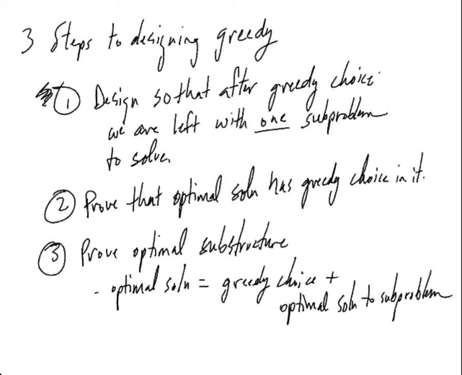So that's our optimal solution, but we also want to show that this right here is true, that the subproblem solution, that is the optimal solution to the subproblem, is a member of the global optimal solution.